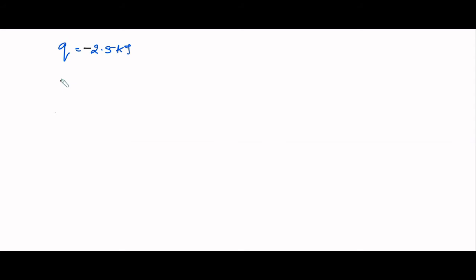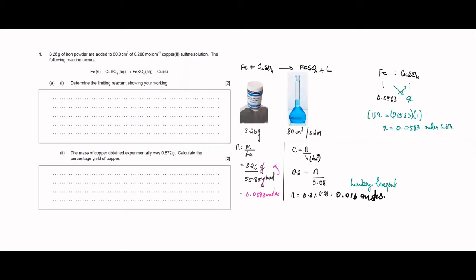So in our previous calculation, in section 1A calculations, we had already calculated the moles of copper sulfate. I'll just show it here. Here we have already calculated, for the given quantity of copper sulfate solution, we are having 0.016 moles of copper sulfate in it.